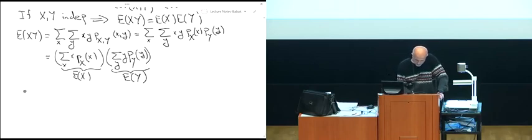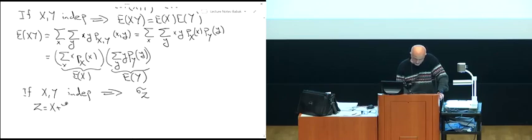So if x and y are independent, then the variance of z, where we define z as the sum of those two random variables, is simply the sum of the individual variances. And that's really nice.